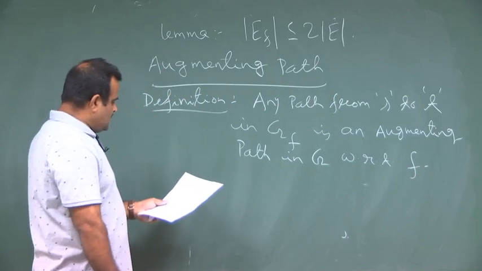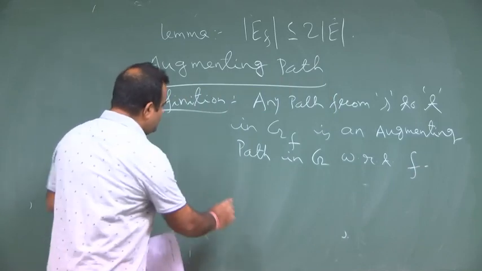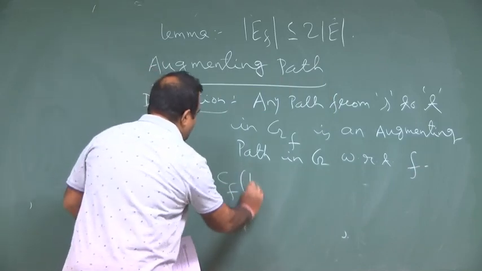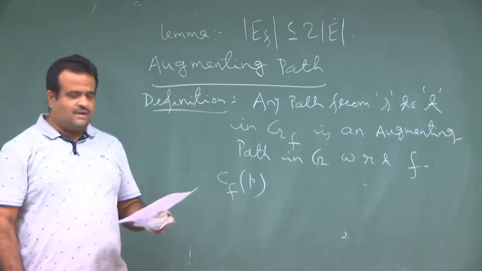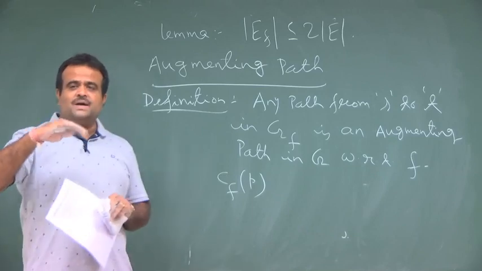Then we can write that c_f(p), the amount by which the flow value can be increased, is this much.